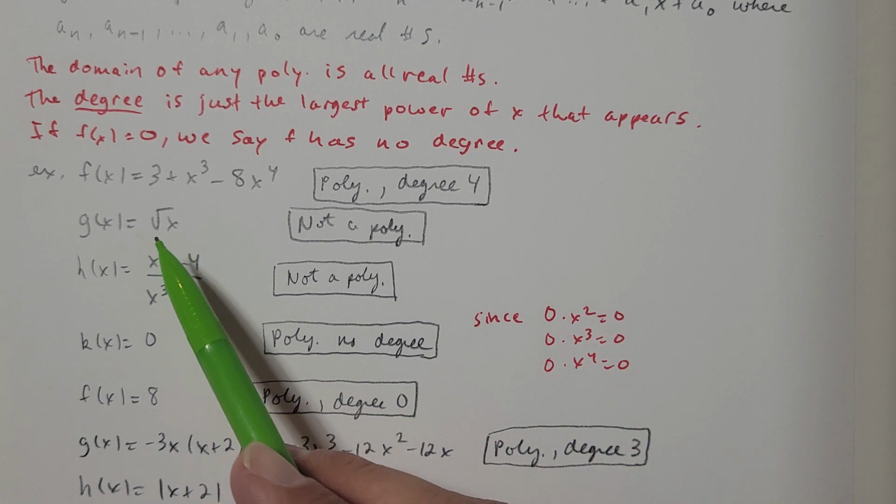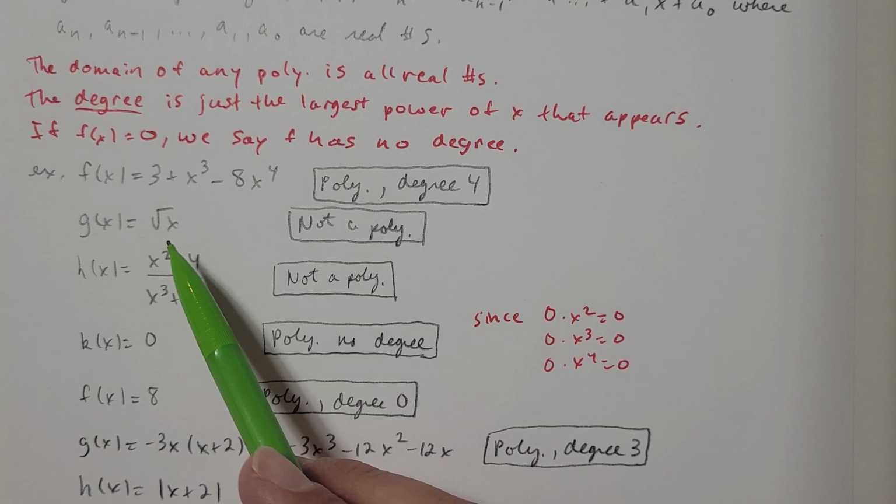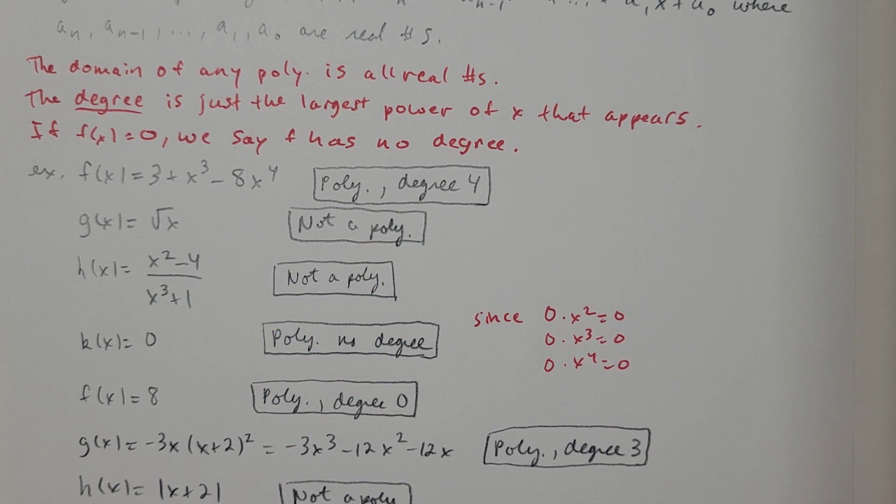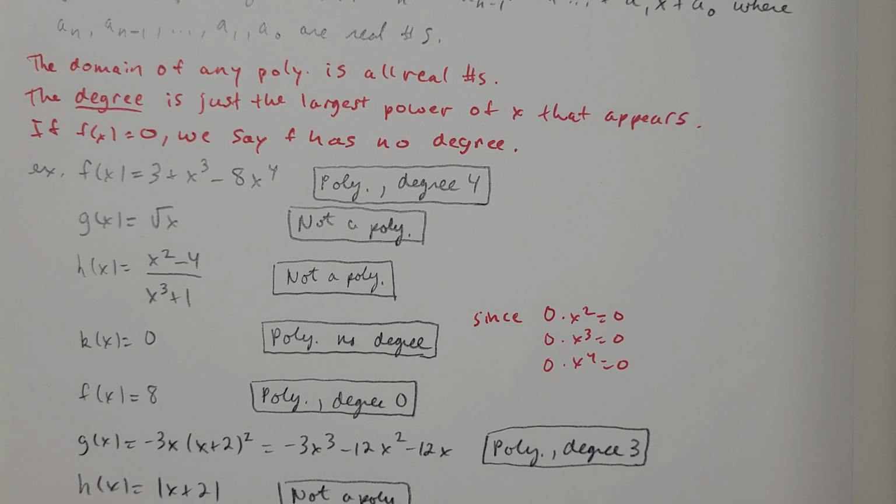Okay, the square root of x, that would be the same thing as x to the 1/2 power. Okay, so x to the 1/2 power, well, 1/2 is not a whole number. So this is not a polynomial. Okay? When it's not a polynomial, we don't say the degree, just that it was not a polynomial to begin with.